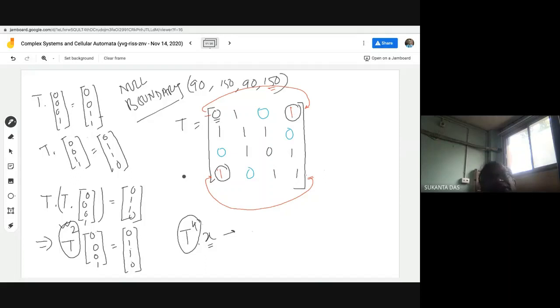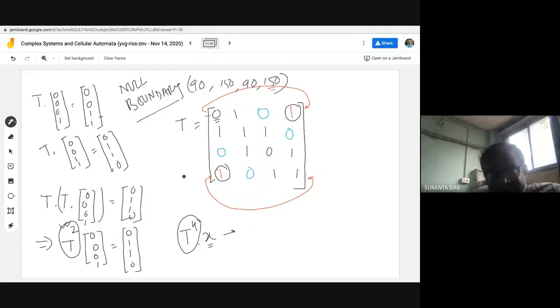So this is about the matrix representation of a linear CA. As I have said, once you have represented it in matrix form, you can use the standard results of matrix algebra to characterize your linear cellular automata.